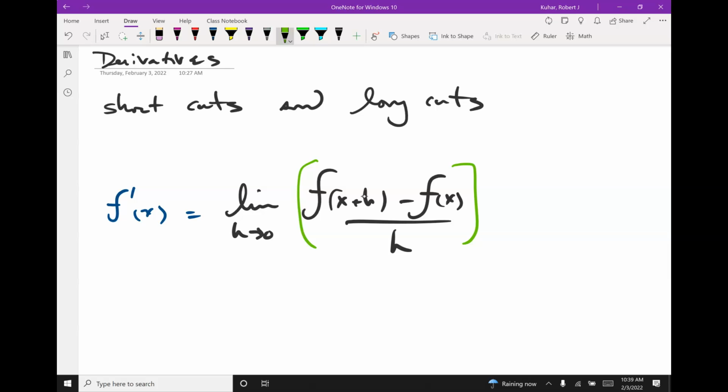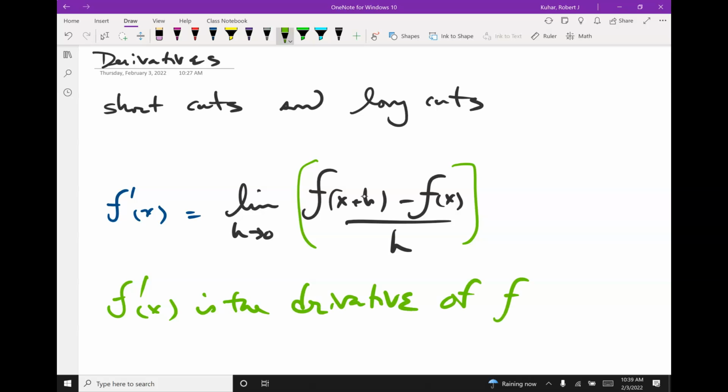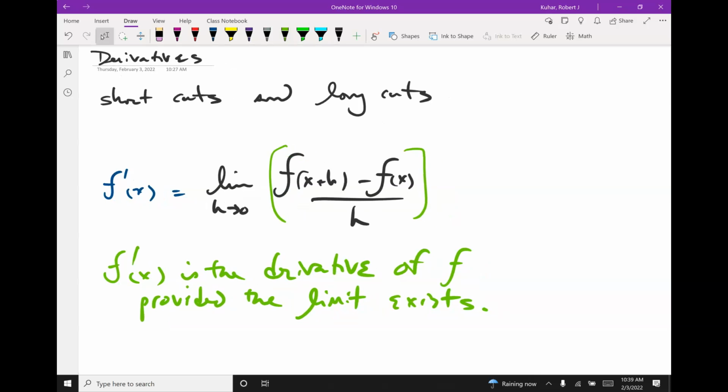So f prime of x is the derivative of f, provided the limit exists. I need that limit to exist for my derivative to exist.